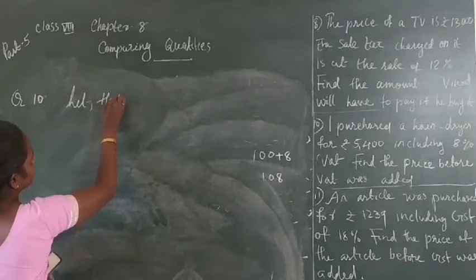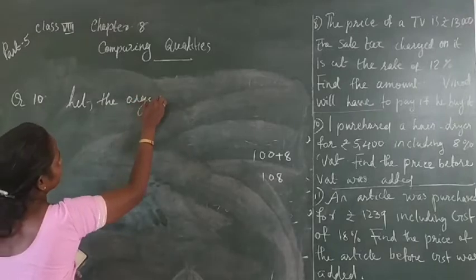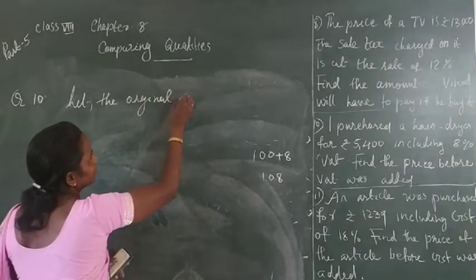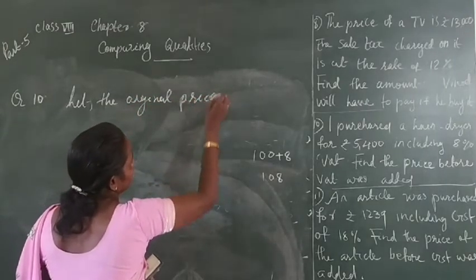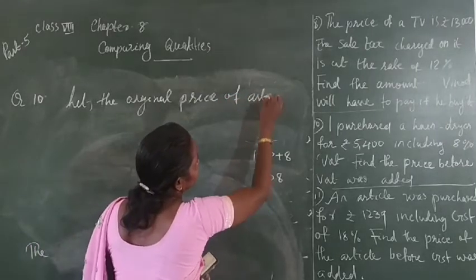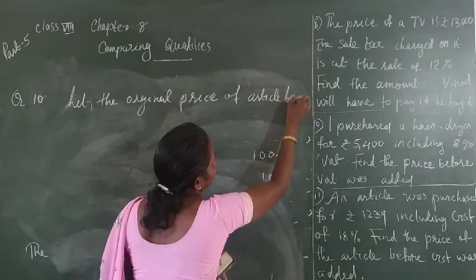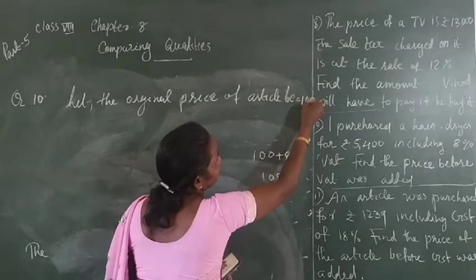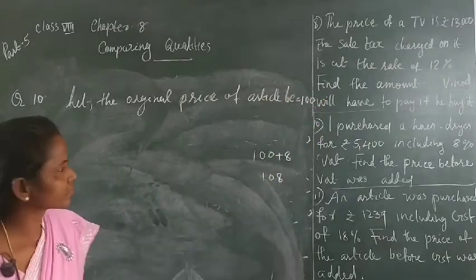Let the original price of article be 100.